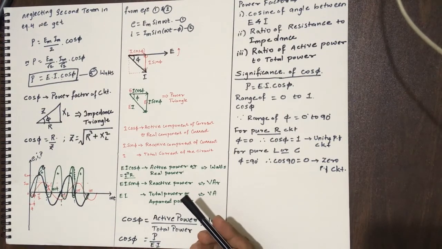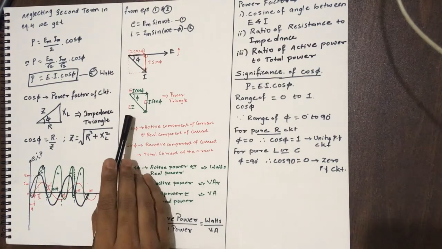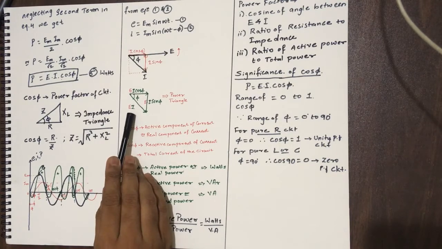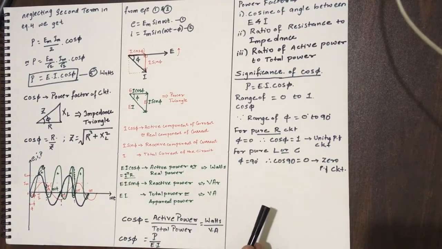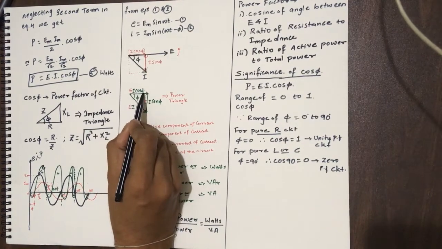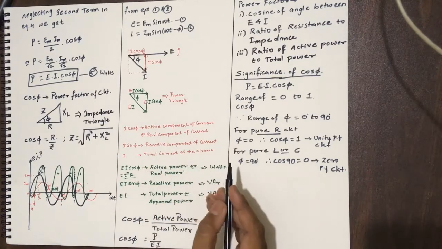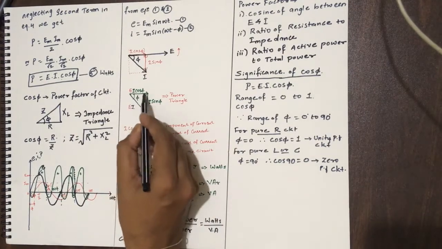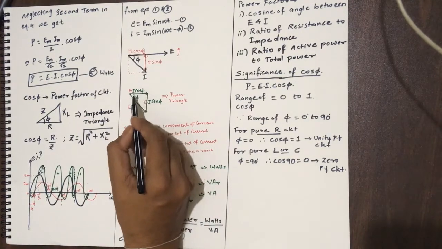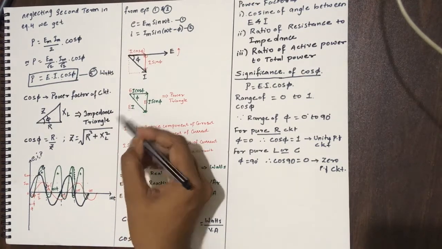If the power consumption is less, then the current drawn by the circuit is more, but the work done by the circuit is less. In the sense, if my I cos phi component is less, the I sin phi component is more. Therefore, for the same amount of work done, the current drawn by the system is more.